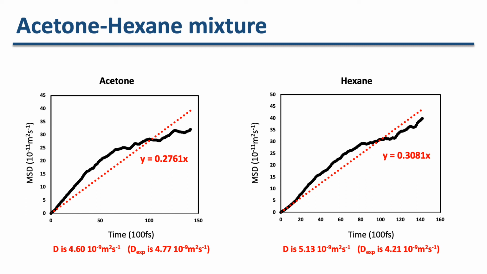But based on this MSD line, the self-diffusion coefficient for the acetone is bigger than the pure acetone, and the same for the hexane: the diffusion coefficient gets larger than the pure hexane.